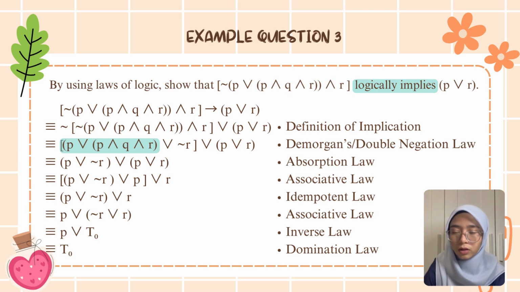For the last step, we can apply the domination law because we have P or true, so it becomes true. Therefore, we can say that negation P or P and Q and R logically implies P or R because it shows true.